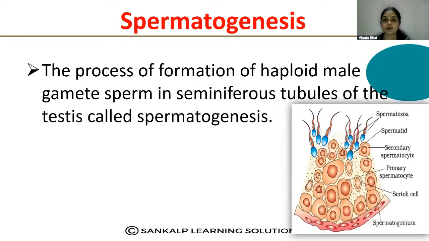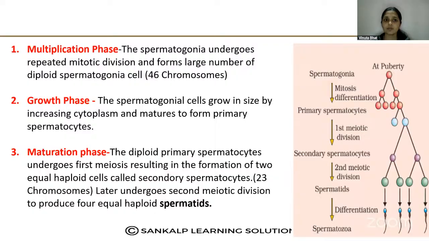It is the process of formation of the haploid sperm. See here, haploid sperms are formed by the process of spermatogenesis. The first phase is called the multiplication phase.